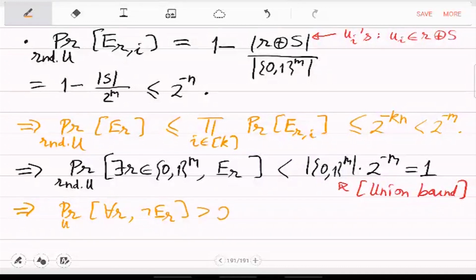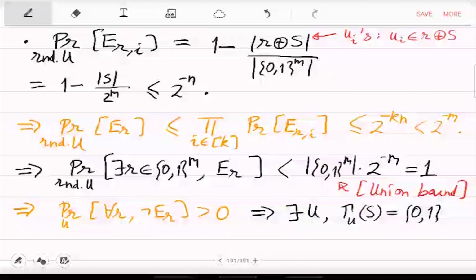Okay, this is positive, which means that there exists a subset U such that gamma U S is everything. So by showing the probability is positive, we have shown the existence of U such that every R is in the neighborhood of gamma U S. Okay, so this finishes the proof of claim 2.